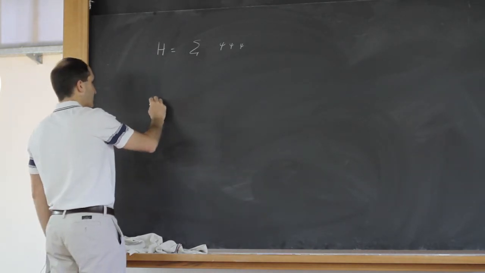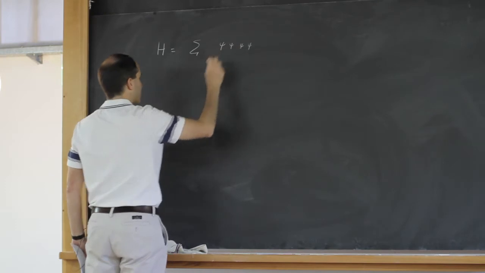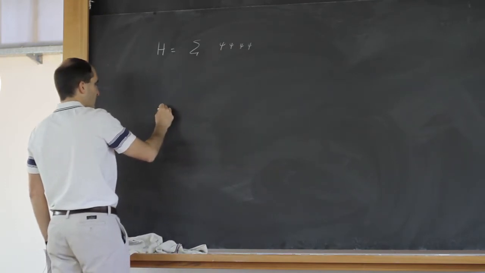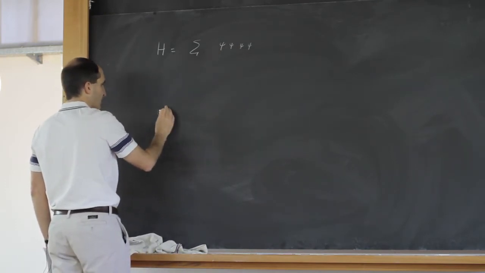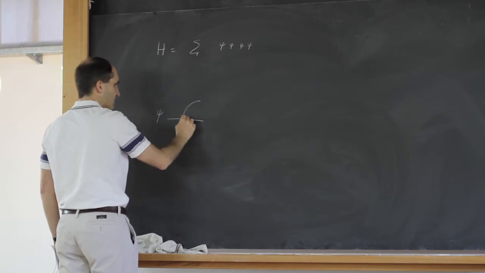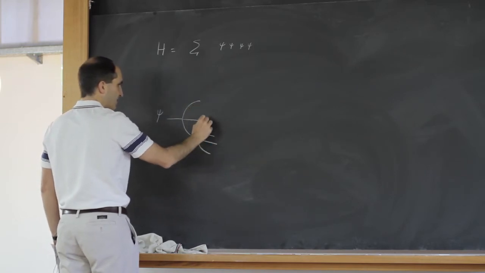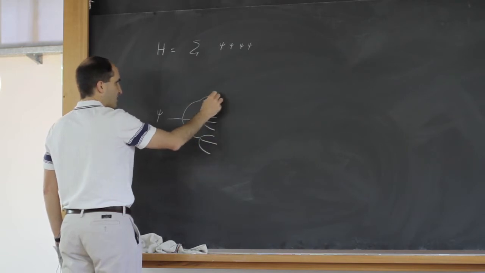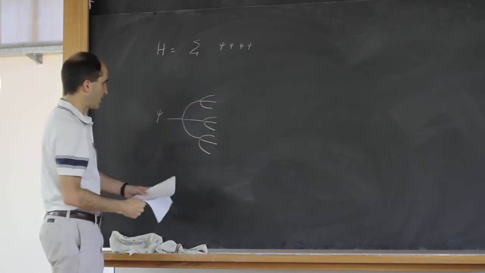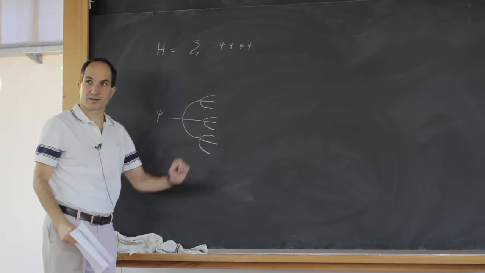Let's say these are like Majorana fermions. We discussed that we had dynamics which could be represented as this tree, and after each time step we had an exponential growth in the operators.